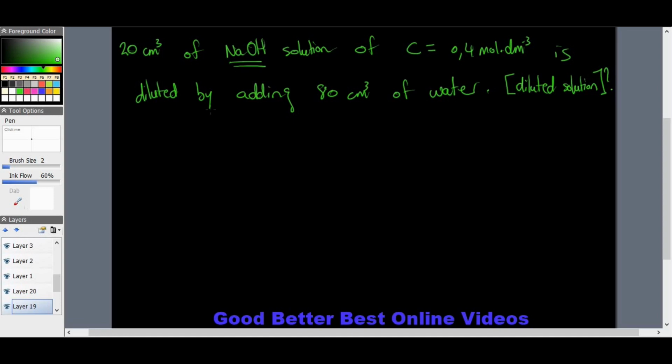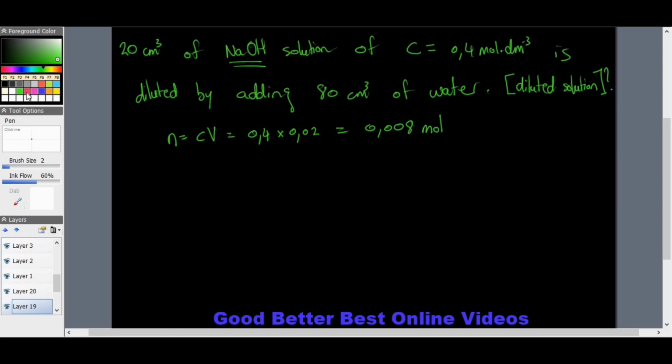So what we do is we calculate the number of moles of NaOH, which is equal to C times V. That's equal to 0,4 multiplied by 0,02, which is 20 divided by 1,000 in decimeters cubed, and that equals 0,008 mole. So this is the amount of moles of NaOH, because when water is added, the number of moles of NaOH in the solution doesn't change.